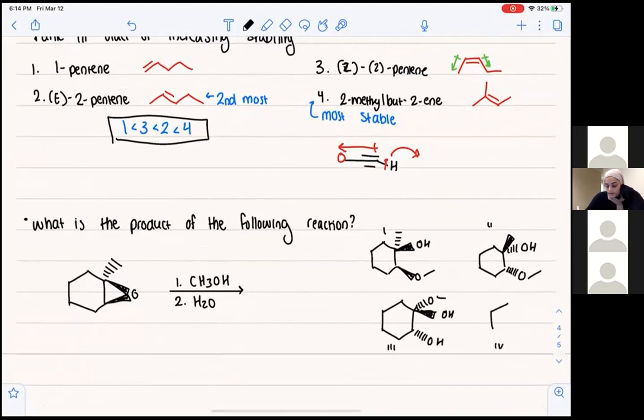Or 4, where we have oxygen like that, a wedge, and then that.